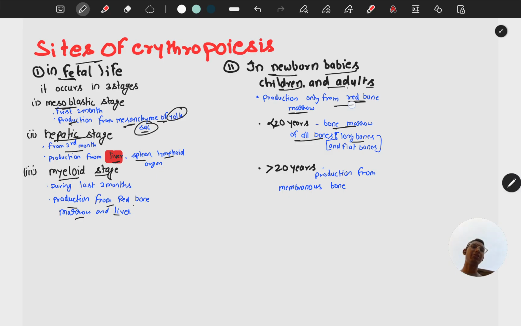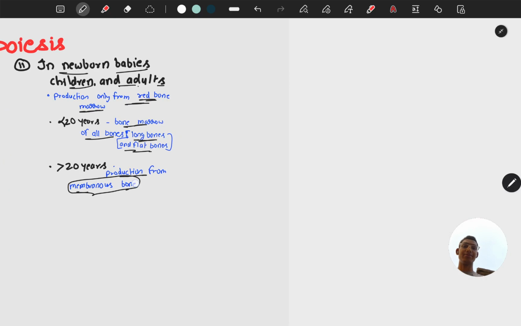All bones include long bones and flat bones like scapula, radius and ulna, humerus. And in individuals more than 20 years, production of RBCs is from membranous bones, red bone marrow.